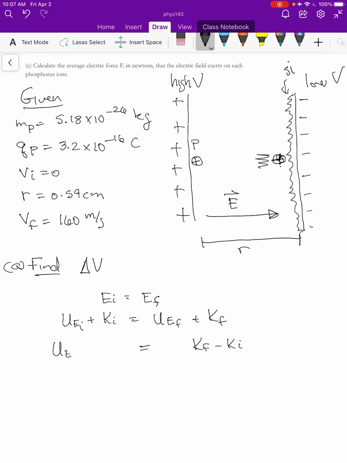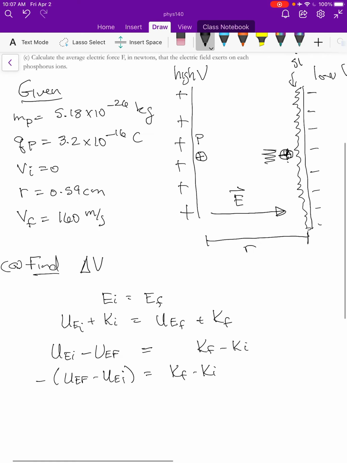And usually when we do deltas, we do final minus initial. So I'm just going to say that's the negative of my final minus the initial, and that equals my final minus the initial kinetic energy. And I should have done this initially, but we're starting from rest, so this term is 0. You know that?